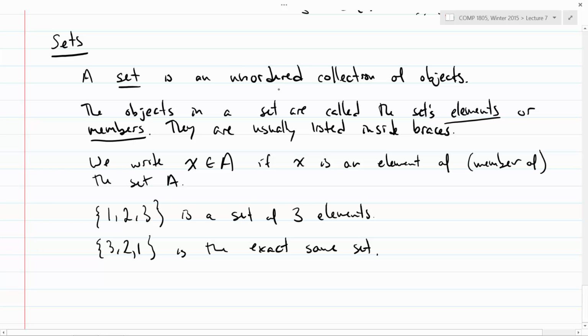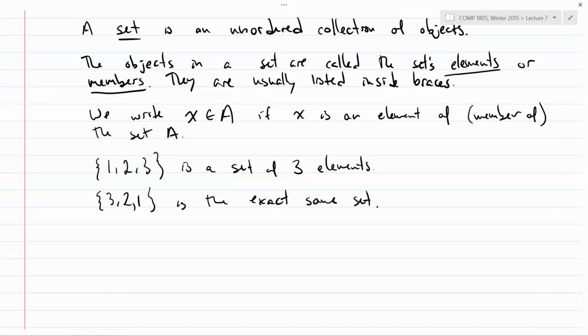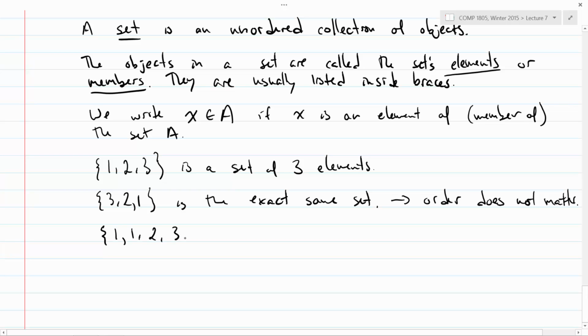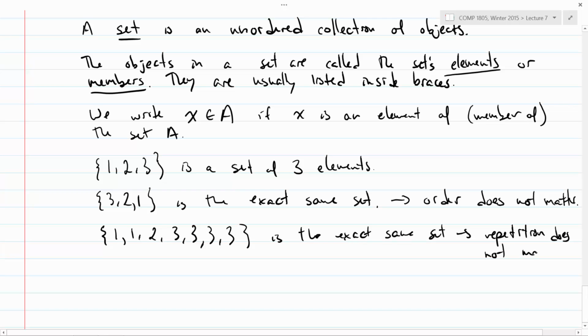Sets are unordered collections. So what that means is that order does not matter. Another set that is exactly the same is {1, 1, 2, 3, 3, 3, 3}. It is the exact same set, and that is because repetition also does not matter. Repetition does not matter in a set, and order does not matter in a set.